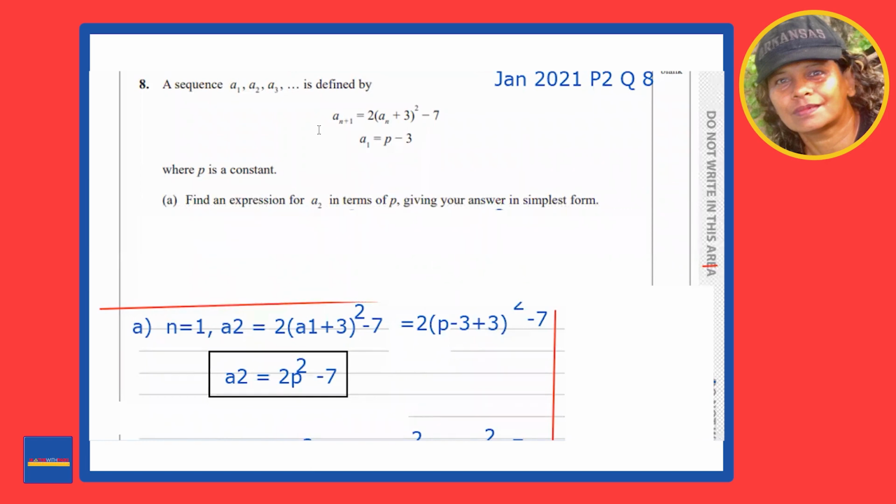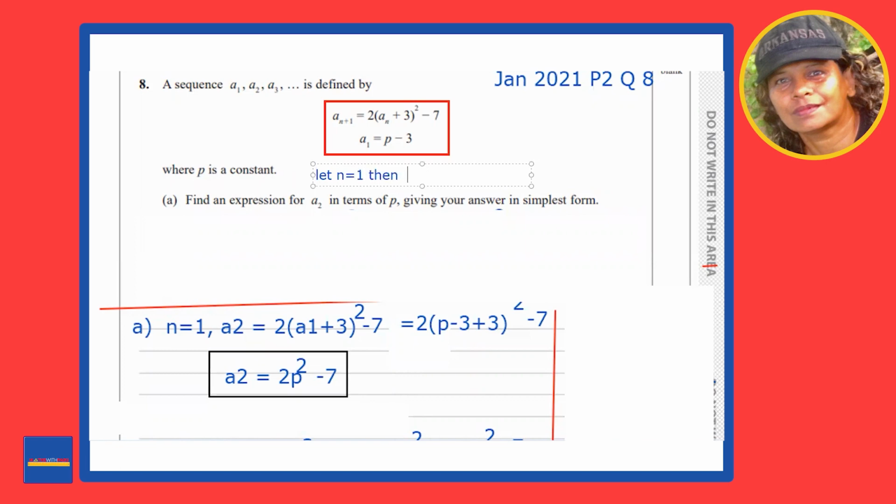So here we have a_(n+1). Let me just highlight that for you. a_(n+1) is equal to 2 into (a_n + 3) squared minus 7. And they want us to find A2. Now, to find A2, we have to let n be equal to 1.